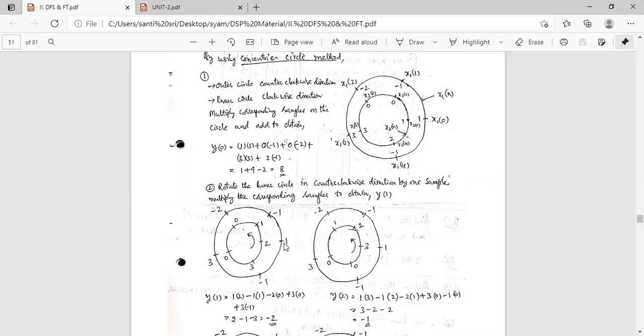Then multiply these two: 1 into 2, plus minus 1 into 1, plus minus 2 into 1, plus 3 into 0, plus minus 1 into 3, so that we get y of 1.